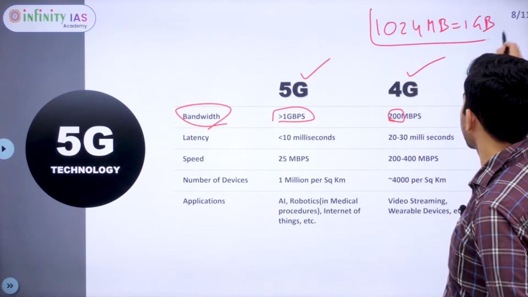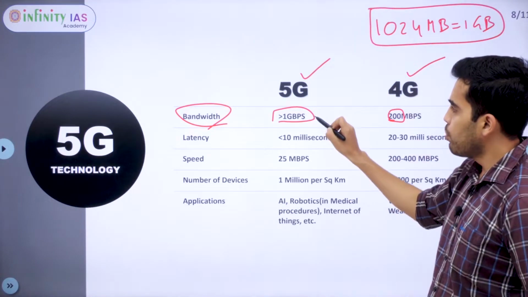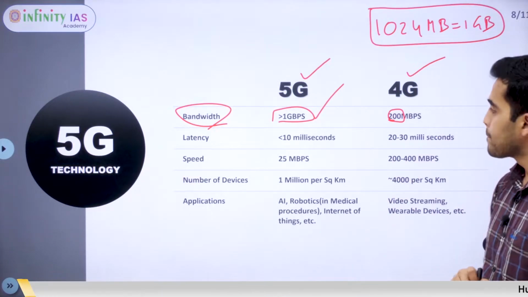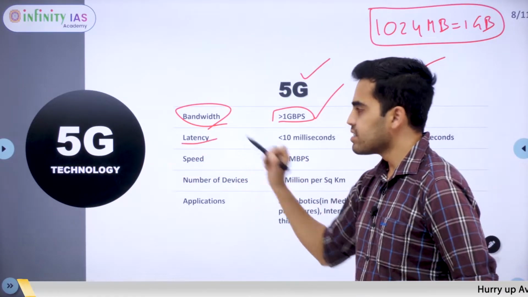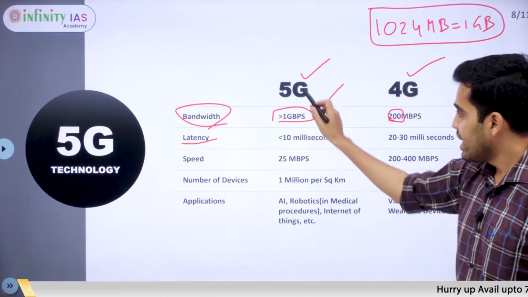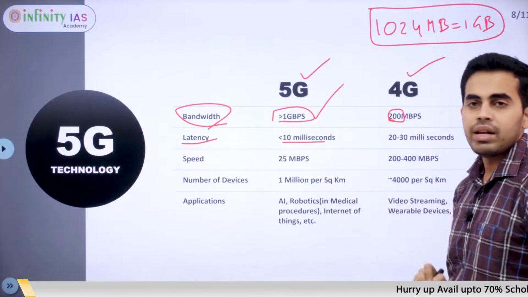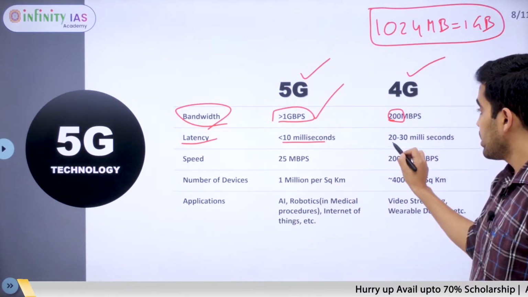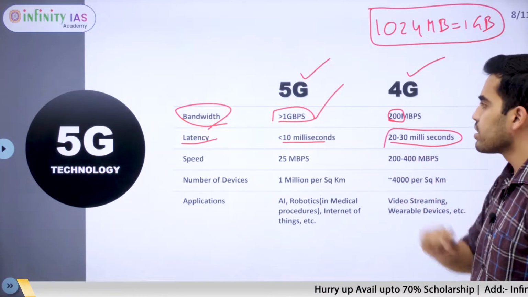So having this reference, we can see how improved 5G is. Next comes latency. The latency of 5G is less than 10 milliseconds, whereas 4G is around 20 to 30 milliseconds.